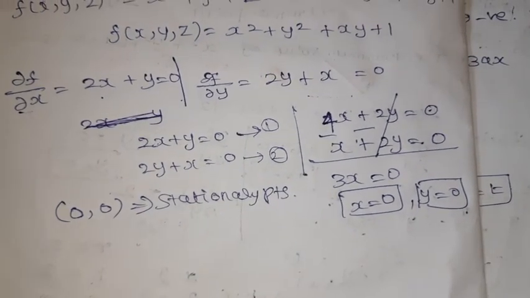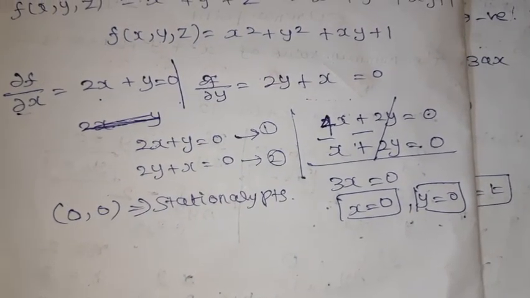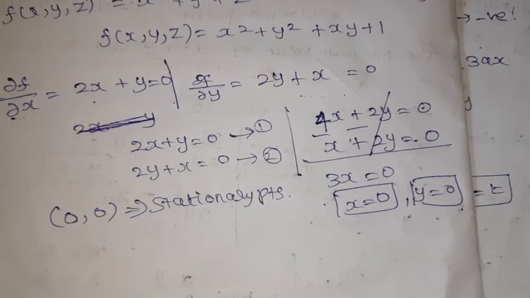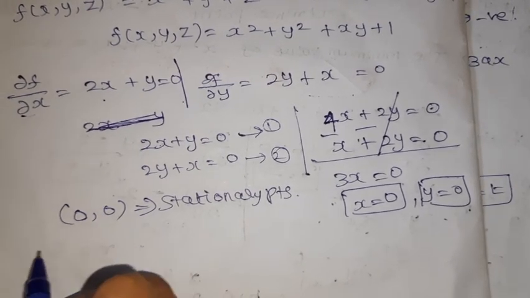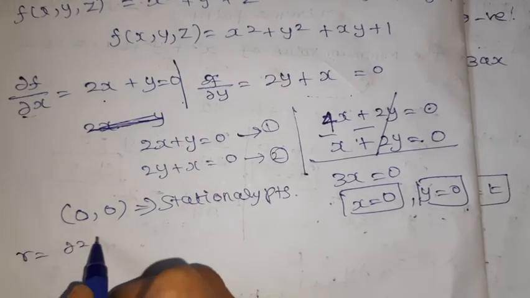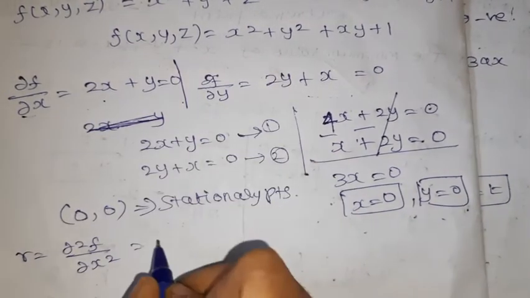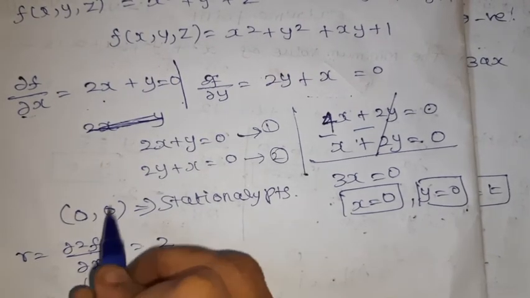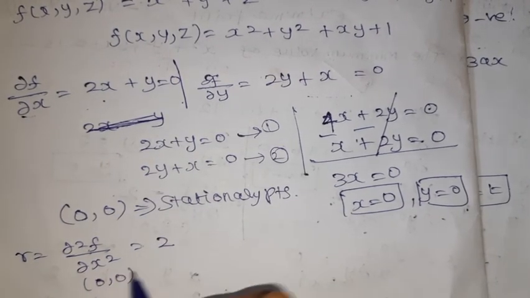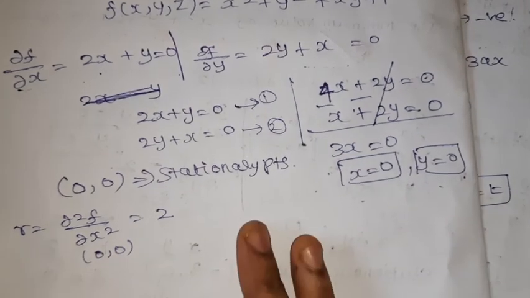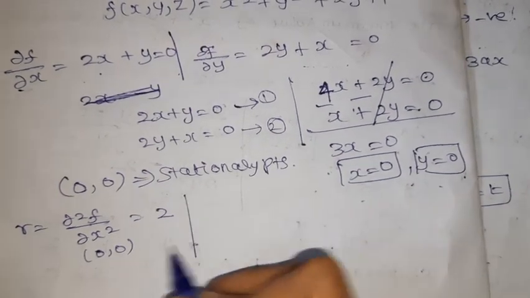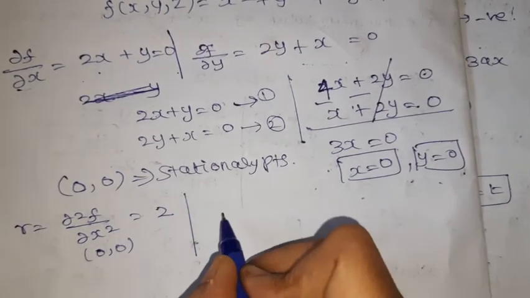Then what we need to find out? RT minus S squared. R equal to dou squared f by dou x squared. Again differentiating equation 1 at which point? 0, 0. There is no x and y, we will get the same value, R equal to 2.